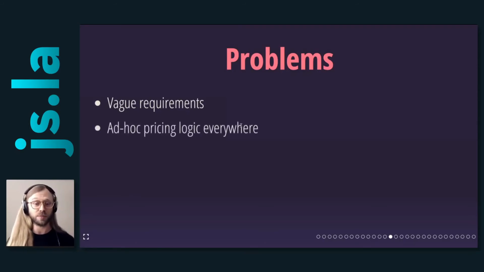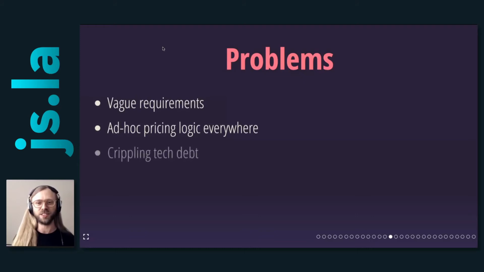Pricing logic I was meant to consolidate into this new service was scattered across the entire system. Ad hoc pricing logic was all over the place on the front end and back end, which kind of made sense because this was a 5+ year old Node.js system in which quality maintenance had rarely been prioritized.